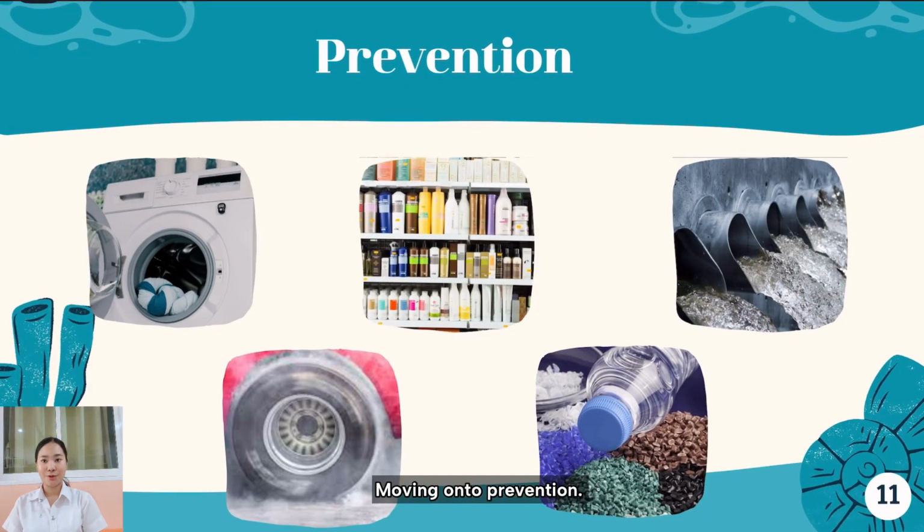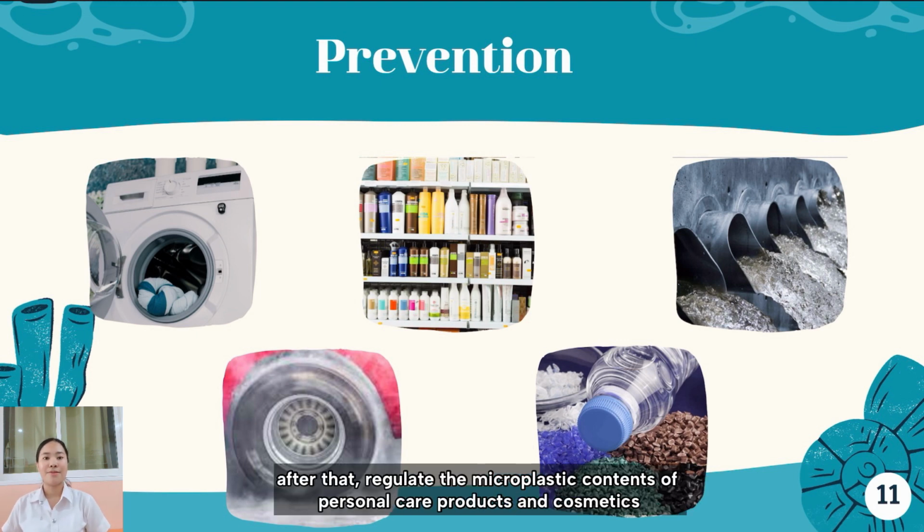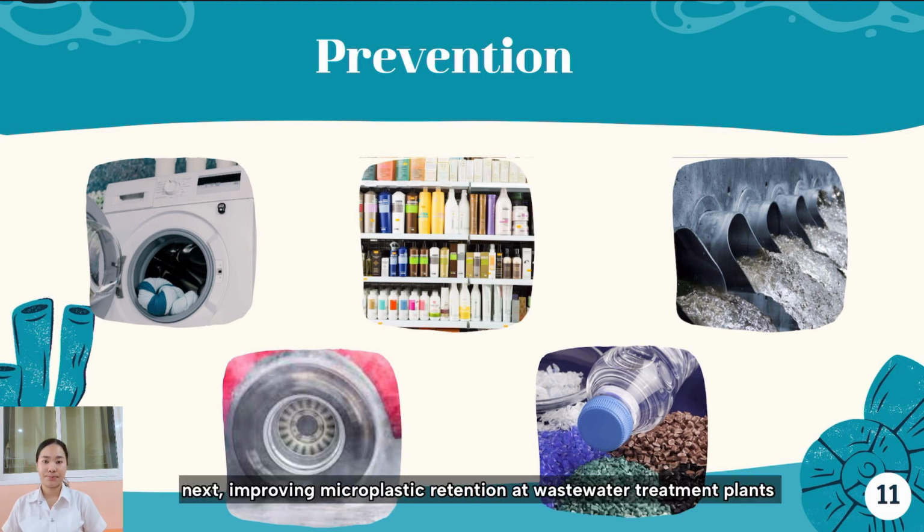Moving on to prevention, there are several ways to prevent microplastics. My talk will be in 5 ways. First, interception of microplastics using laundry filters. After that, regulate the microplastic contents of personal care products and cosmetics.